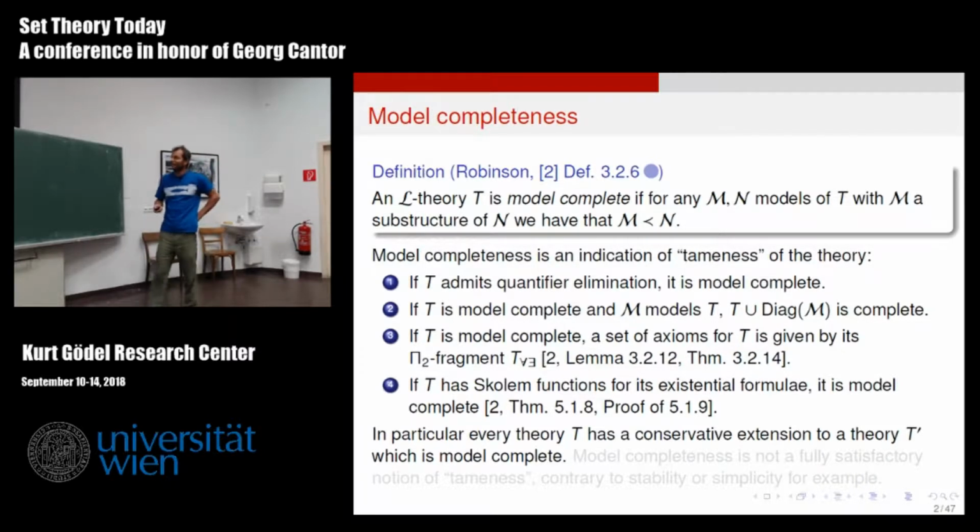And why is it bad? Well, because if you want the notion of tameness, it says every theory, modulo passing to a conservative extension, becomes tame. Okay? So what I would retain of this notion of tameness that you get from model completeness is how non-constructive are the Skolem functions that you are going to add.